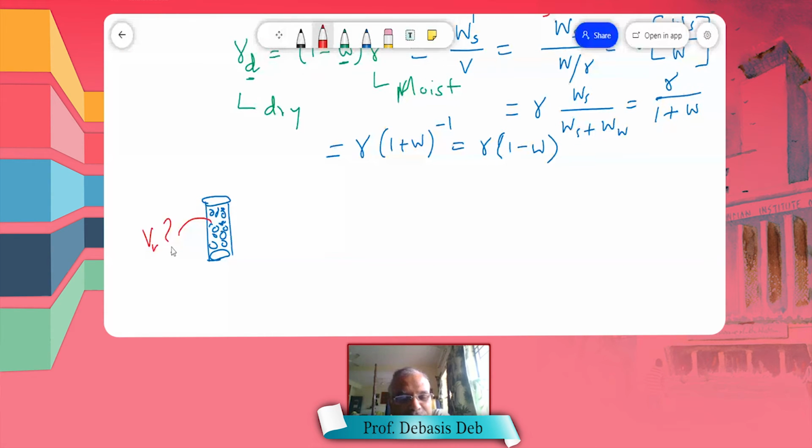So he will take it out of the water, and then he will take the weight again. So whatever is the difference, that is the weight of water. And then since he knows it is 1 gram per cc, he will know the volume. So is that a right way to do?